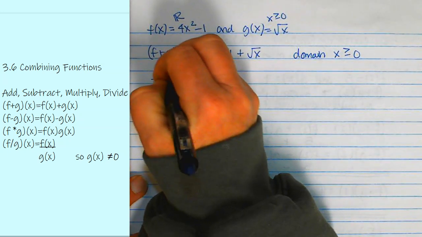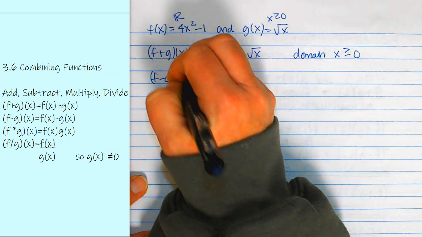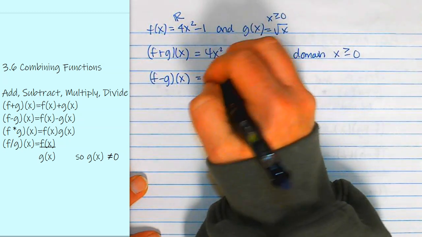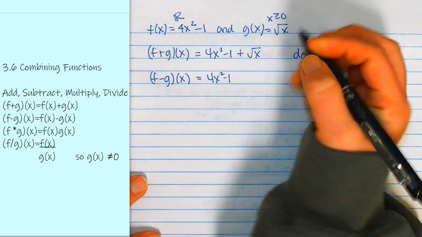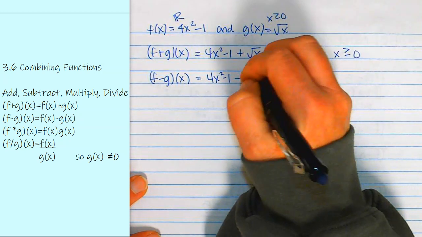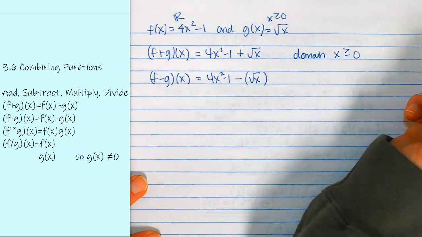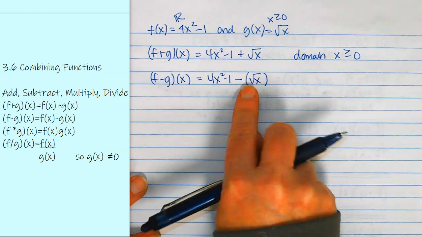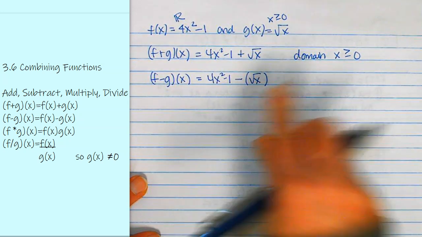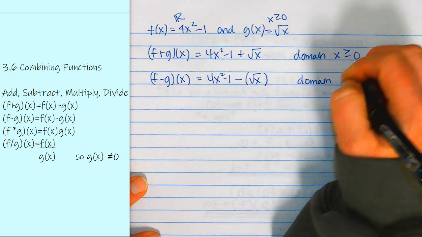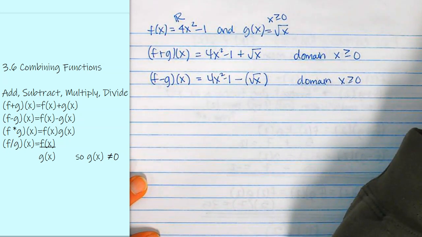If we do subtraction, that looks like f minus g of x. So I'm going to write down f first, 4x squared minus 1. I'm going to subtract the entire g function. So it's helpful to put that in parentheses to make sure you change the sign for anything in g. There's nothing else we can do here. But we can write out the domain, and the domain is exactly the same as addition, x greater than or equal to 0.